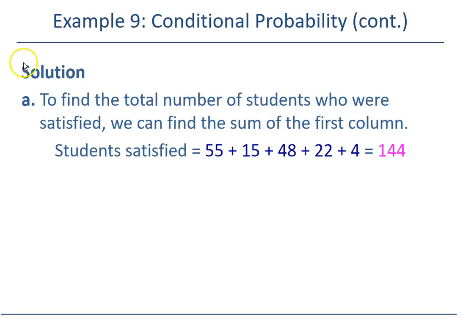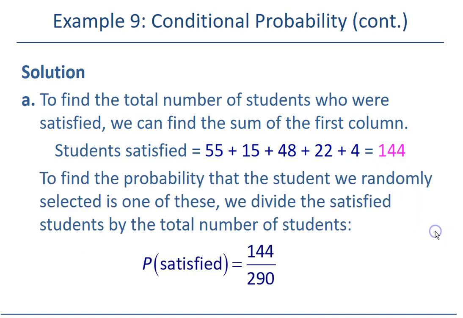So for part A, again, we add up all the students that were satisfied, 144, out of all the students, 290, and then here they give the decimal fraction. It's an approximation. So again, you want to have all of this information, but yet see how it was worked.